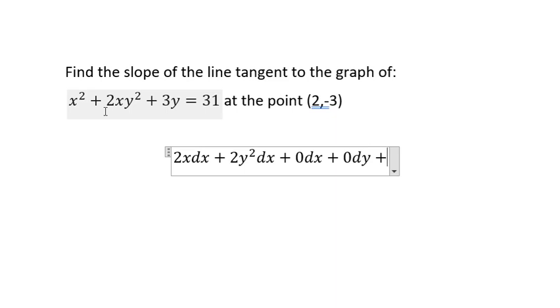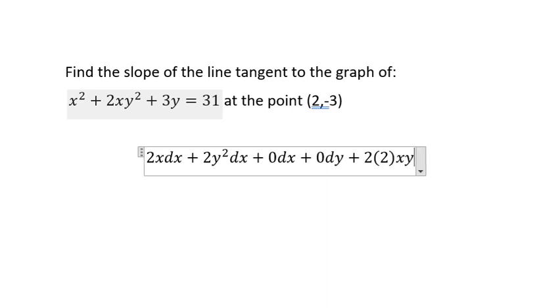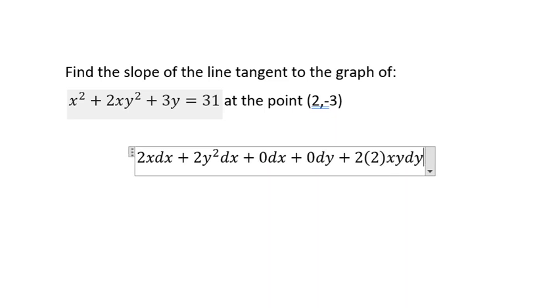Let's take the derivative of the next term, 2xy squared. We do have a y here. The derivative of y squared is 2y, so this will be 2x times 2y dy, where 2y is the derivative of y squared.